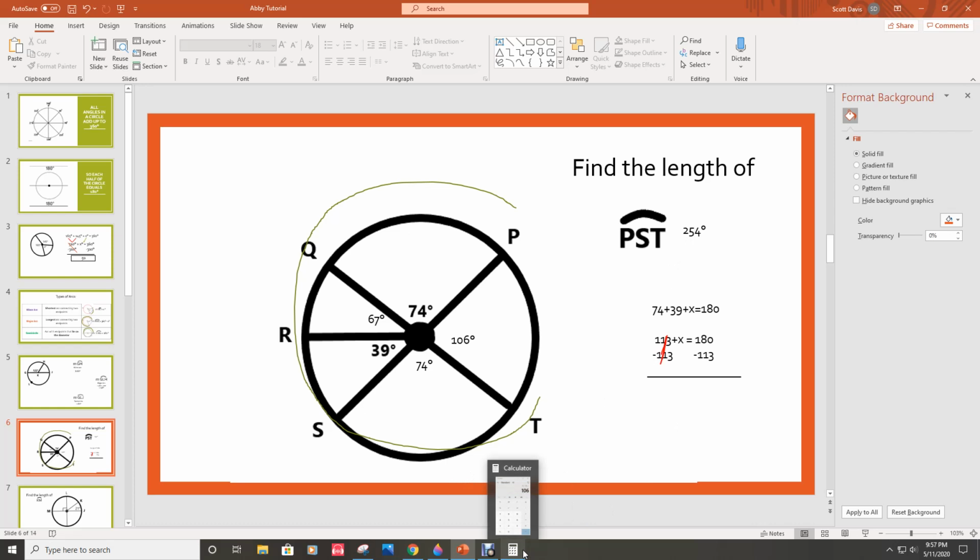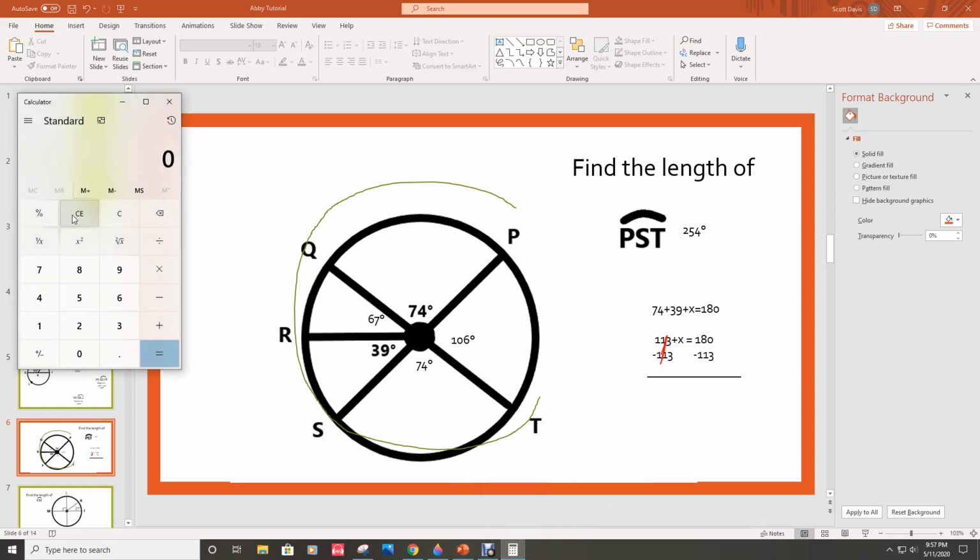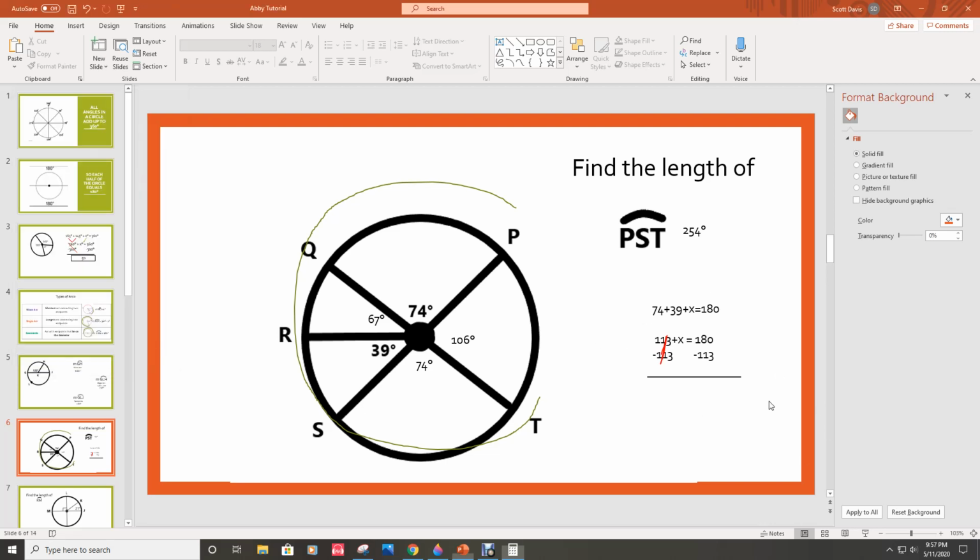Let's see if 254 plus 106 is going to give us our whole entire circle. 254 plus 106 equals, praise the Lord, 360 degrees. We did it right. Whew! So, P to S to T arc length is 254 degrees.